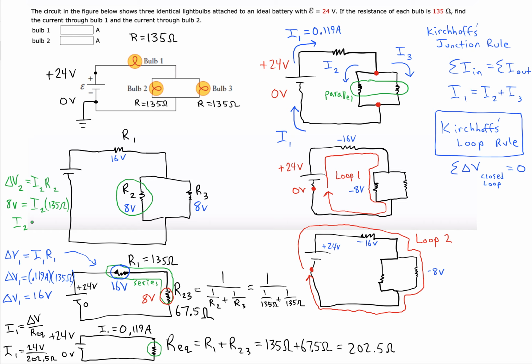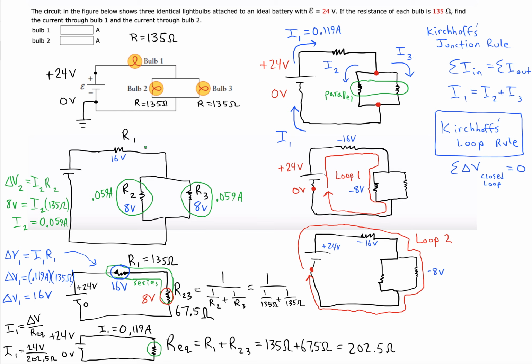So I2 must be 0.059 amps. All right, so we got 0.059 amps here. Obviously, if we do the same calculation for this guy, we're going to get the same thing because it has the same voltage drop. So we're going to have 0.059 amps there.